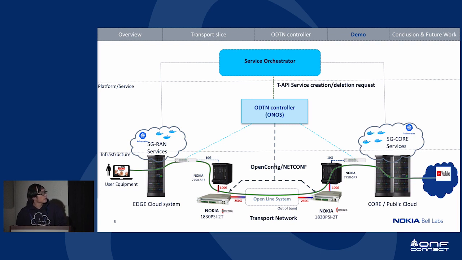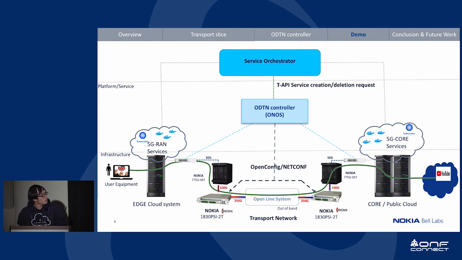For the transport domain, we have a multi-layer network. We have a couple of OpenFlow switches and two service routers 7750. These routers are there only for doing the adaptation, because our transponders have only 100 gig interfaces and the OpenFlow switches support only 10 gig interfaces, so we have something in between to do the adaptation.